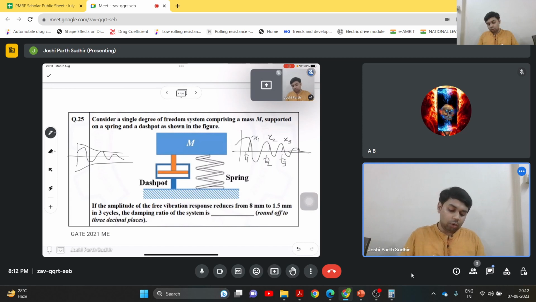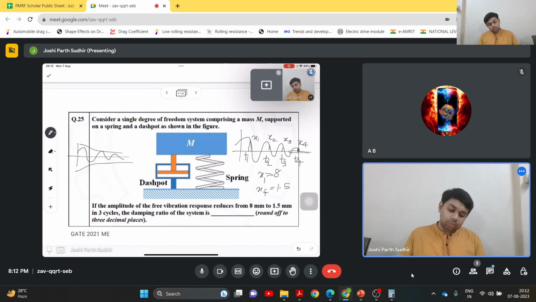And then we can also mark another point x4, after three cycles. We have been given that x1 is 8 and x4 is 1.5. So it's basically three cycles.